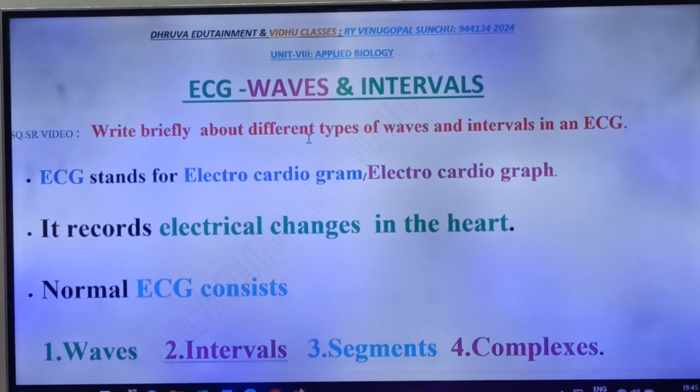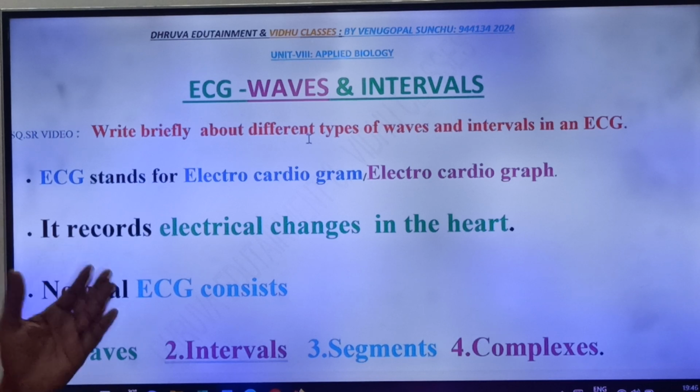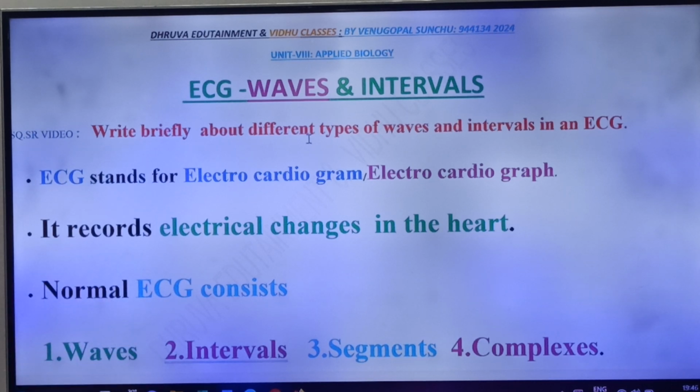Cardio means what, friends? Cardiology, study of heart. So here ECG is an apparatus through which we can record the electrical changes of the heart. So what is the use of ECG, friends? ECG records electrical changes in the heart.